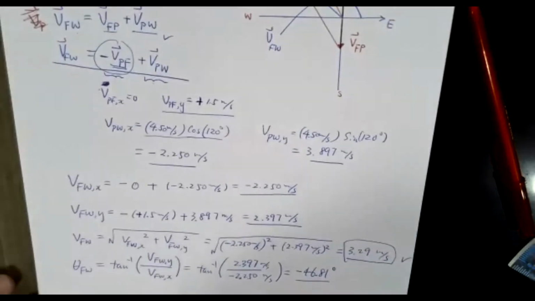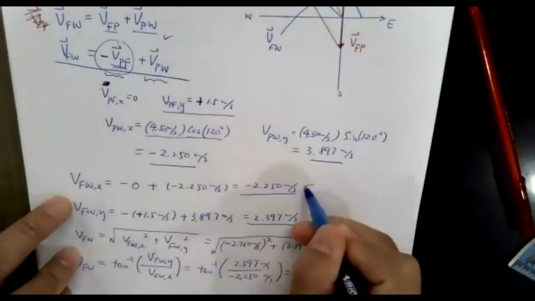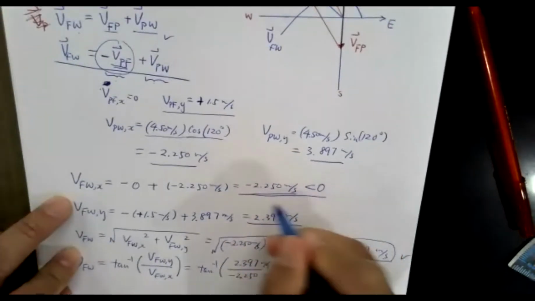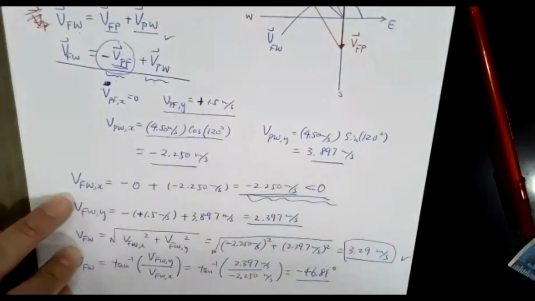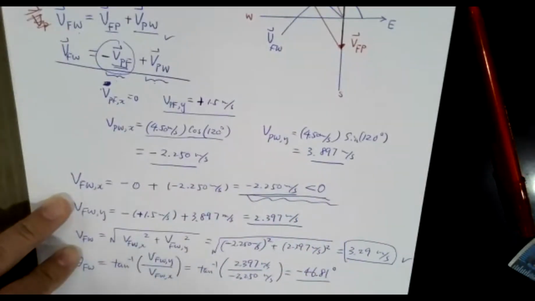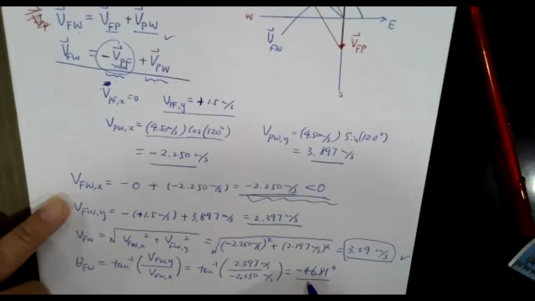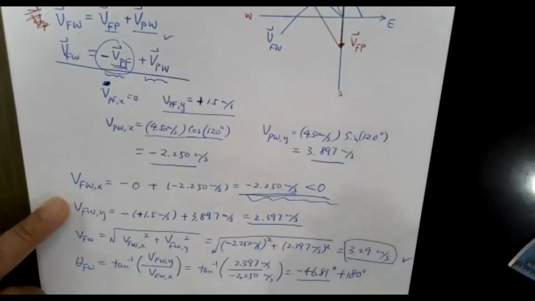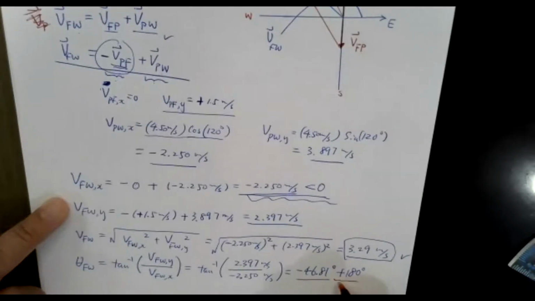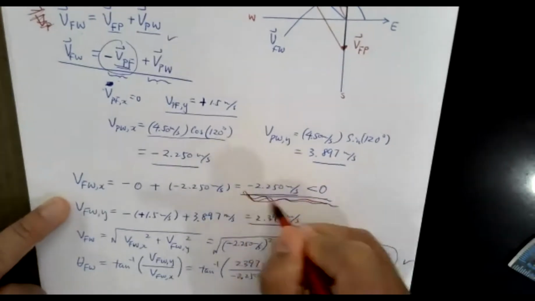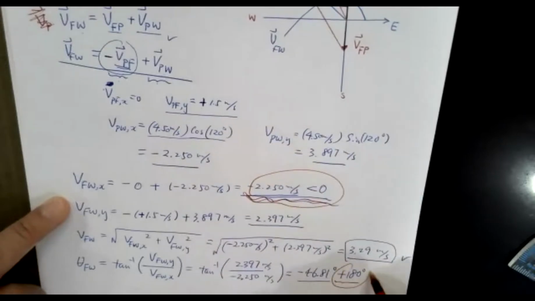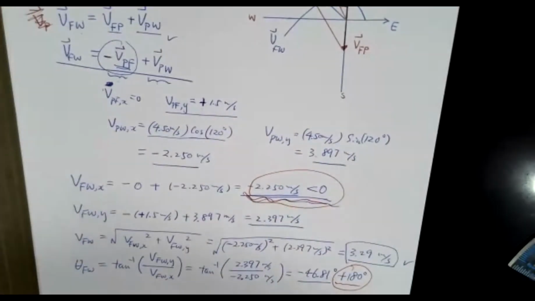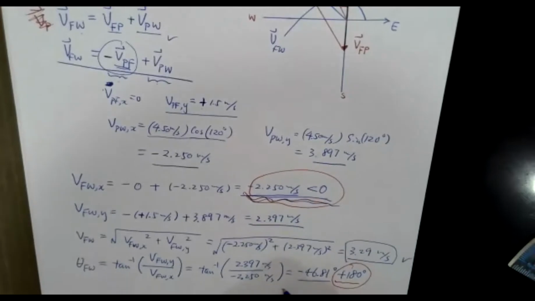The problem is that the x component is negative. That's what we mentioned. When your x component is negative, then whatever you get from your calculator, you want to add 180. So this is due to that. You add that, and then this angle is about 133 degrees.